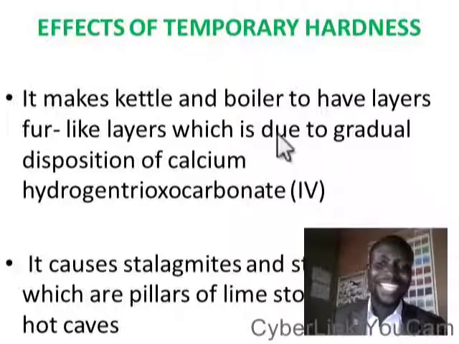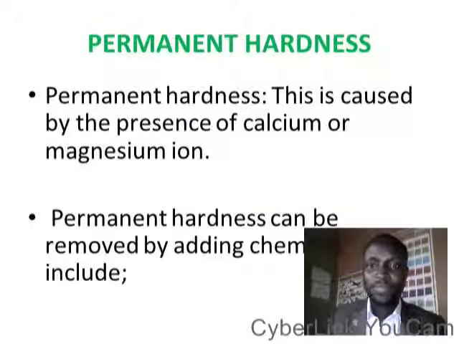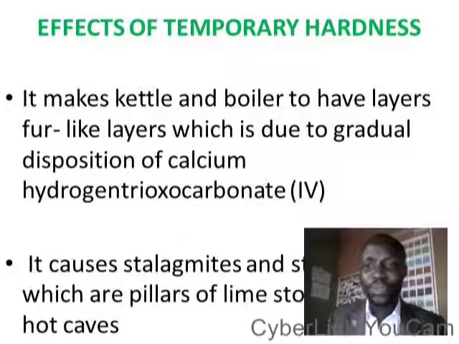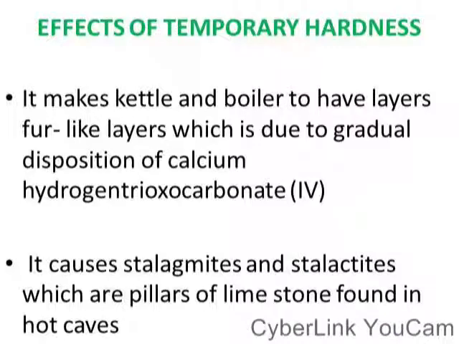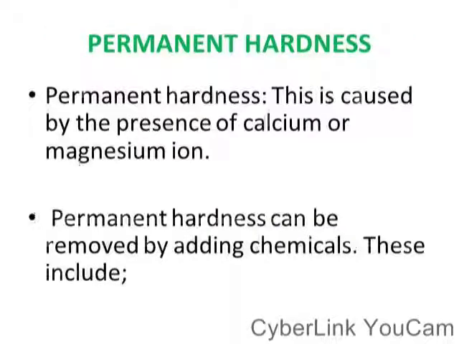You see something like cement coming up or staining your ring or your kettle. Now let's view the second one. It also causes stalagmites and stalactites, which are pillars of limestone found in caves. Please take note of that.